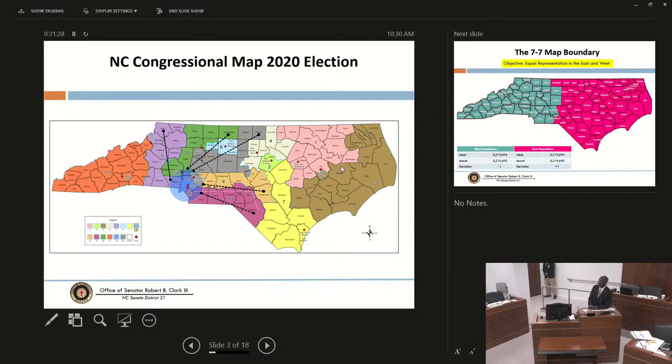Also, you see some black dashed lines that end in balls that extend far out into North Carolina. And if you follow the trajectory of those dashed lines back into that circle, you see we have 1, 2, 3, 4, 5 congressional districts that terminate at far ends of the state that also have points of contiguity within Mecklenburg County. And to me, something's wrong with that.